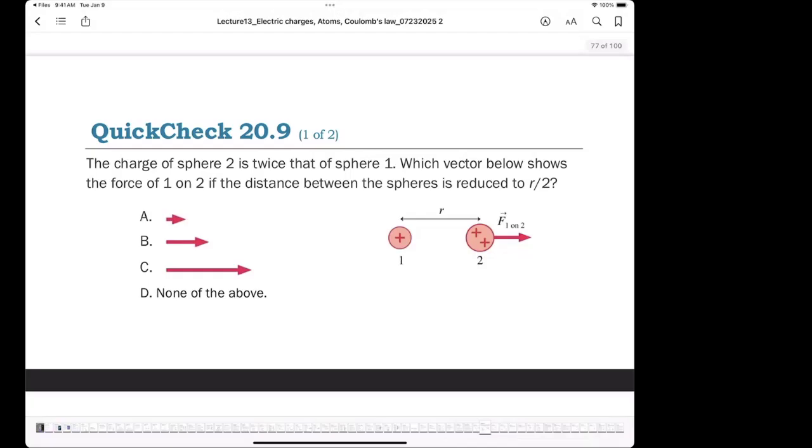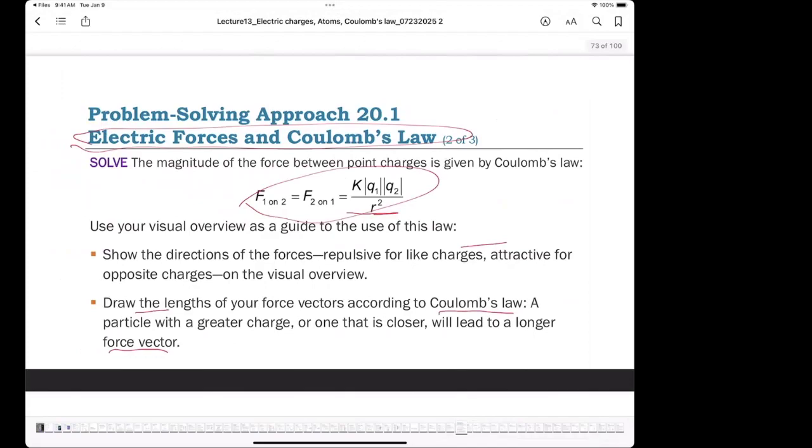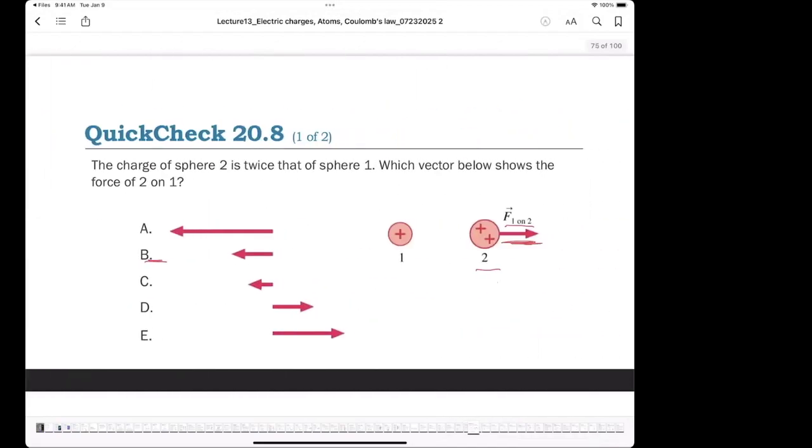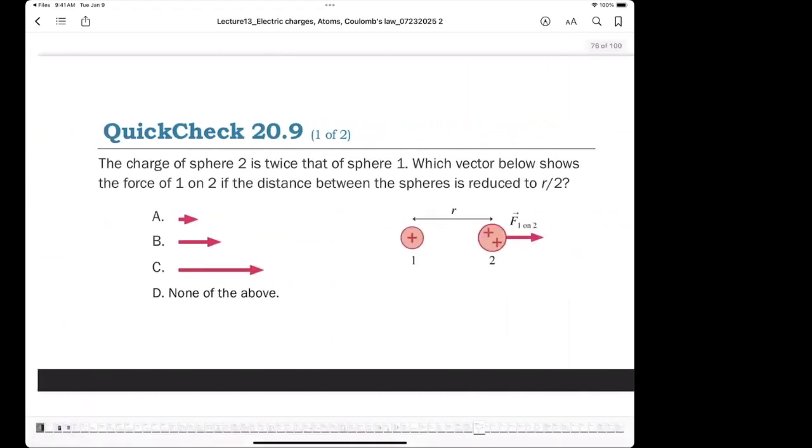Which means, from this equation, F equals K Q1 Q2 over R squared. Oh sorry, no, this one.